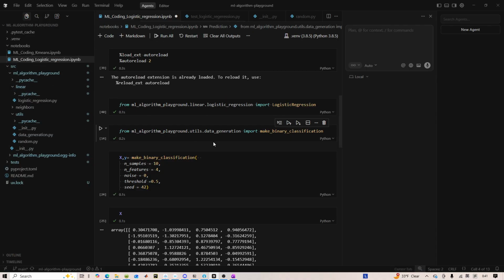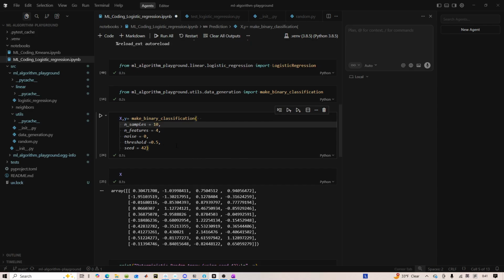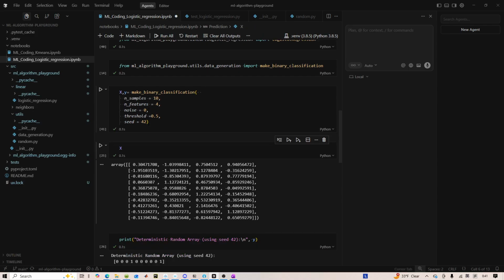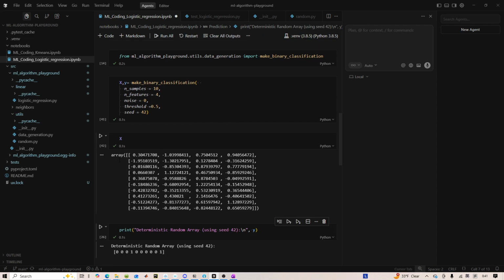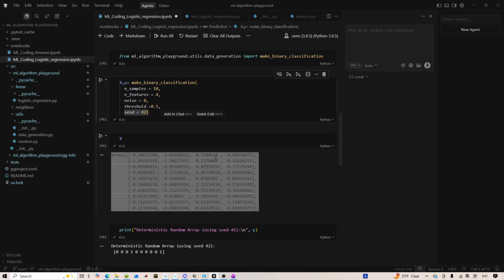For demo purposes, I'm setting the seed to be 42, threshold to be 0.5, and this is the x it gives you. Every time it will be the same because we have the seed.